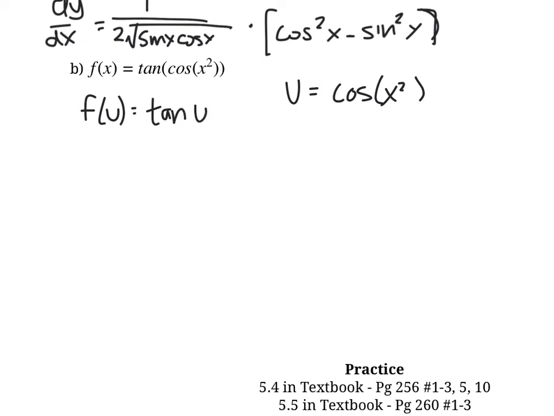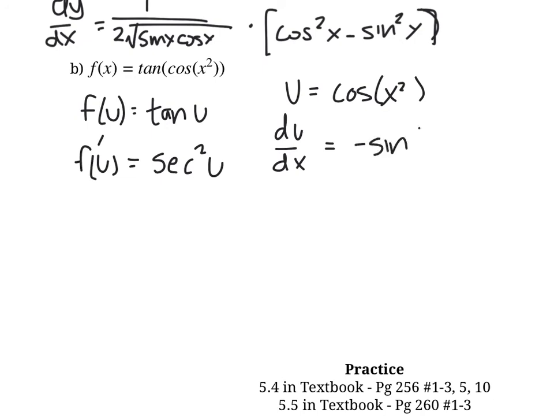So taking the derivative of these, f prime of u, or dy by du, is equal to the derivative of tan u, which is just secant squared u, and du by dx, or u prime, is going to be the derivative of this, and we're just using our chain rule again. We know the derivative of cos is going to be negative sine, and then we keep it the same, times the derivative of what's inside, which is 2x. Think back to our previous page here.